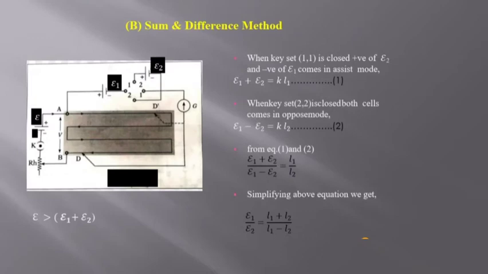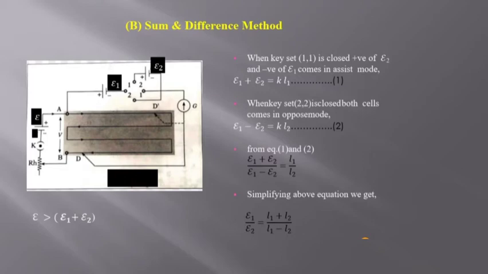The second method of comparison of EMF of the cells is the sum and difference method. The diagram of the sum and difference method is as shown in the figure. The circuit arrangement is similar to the individual cell method, but in this case two cells are connected in sum and difference method.